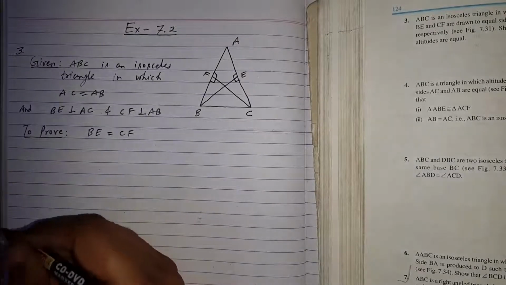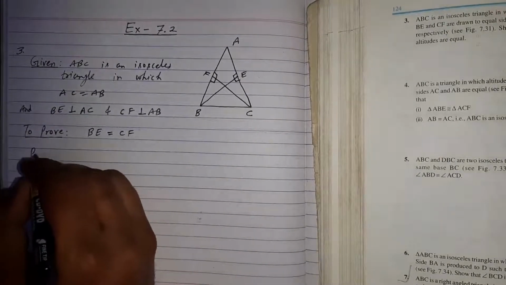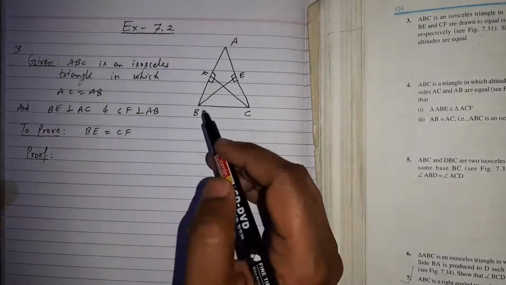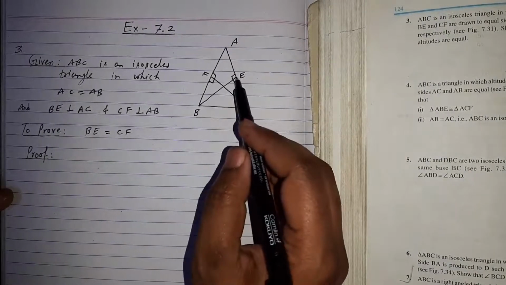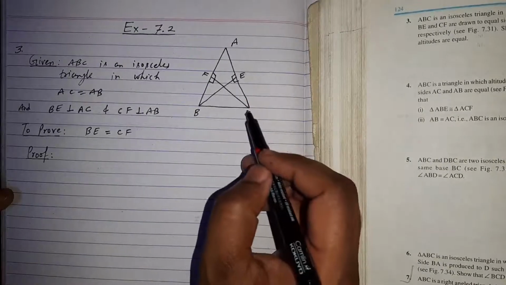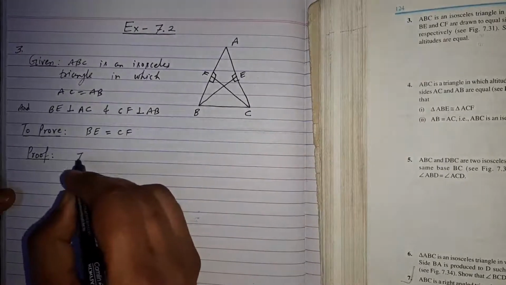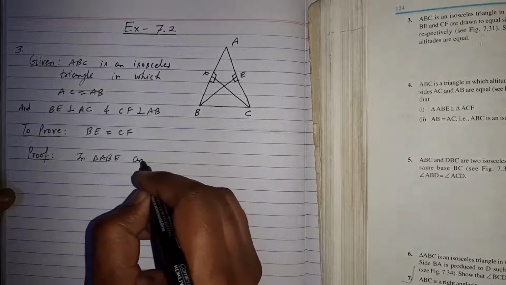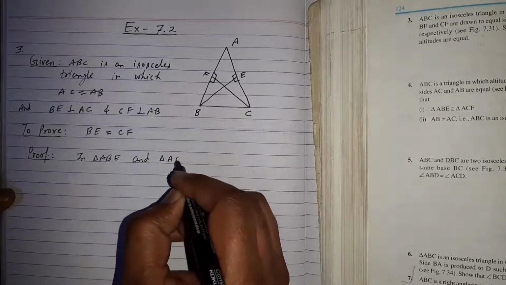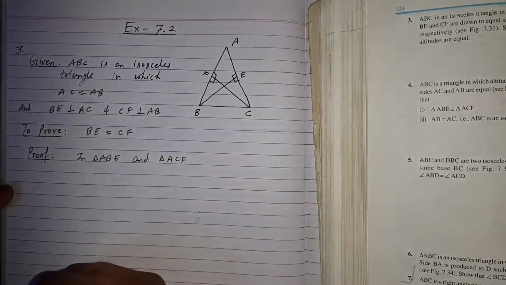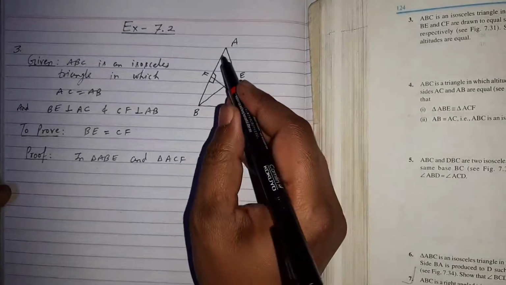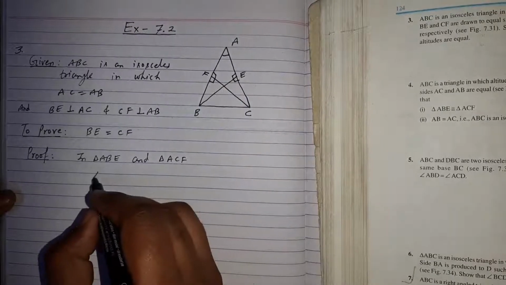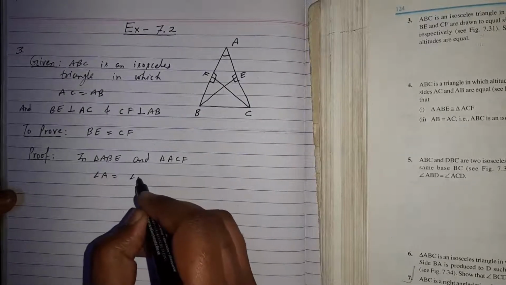Now proof. See the triangle ABE and triangle ACF. In triangle ABE and triangle ACF, angle A is equal to angle A, common angle.